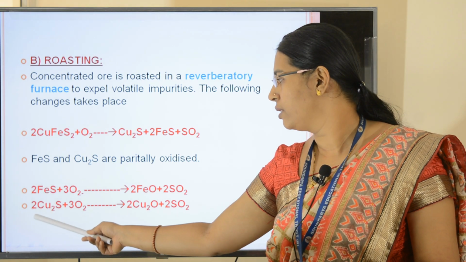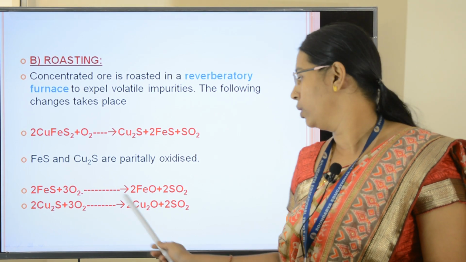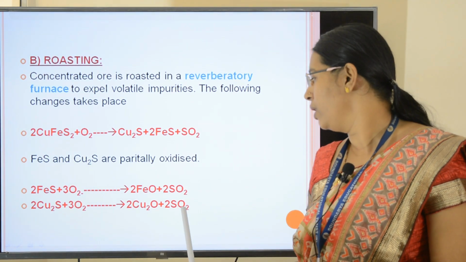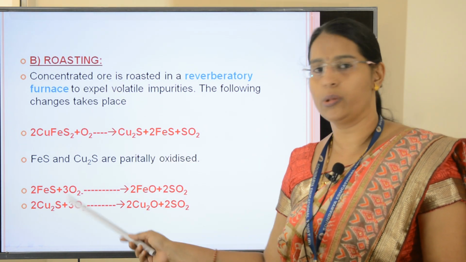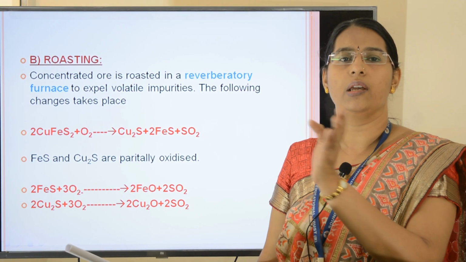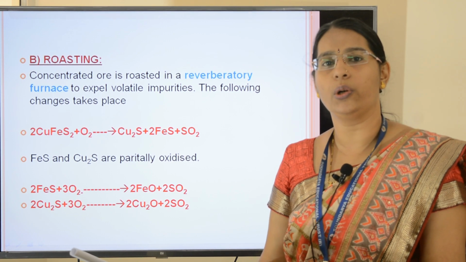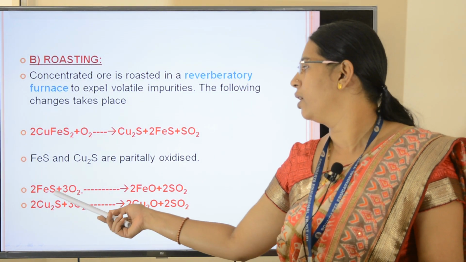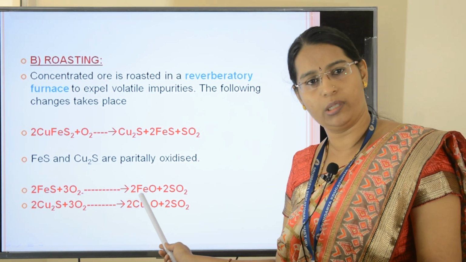This is the balanced equation: 2Cu2S plus 3O2 gives 2Cu2O plus 2SO2. So this is the roasting process. Here the main change is that the sulfide form of ore is partially converted into its oxide form. After roasting, we will have a little amount of ferrous sulfide and ferrous oxide.